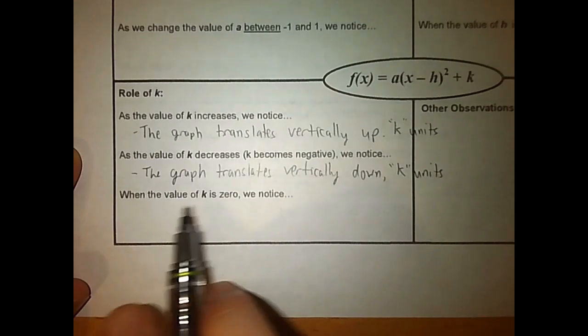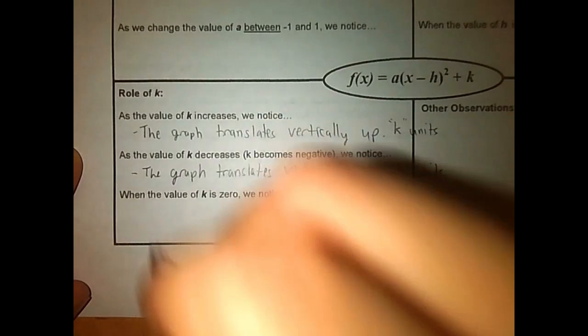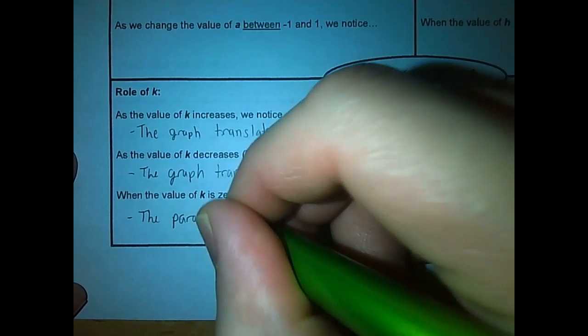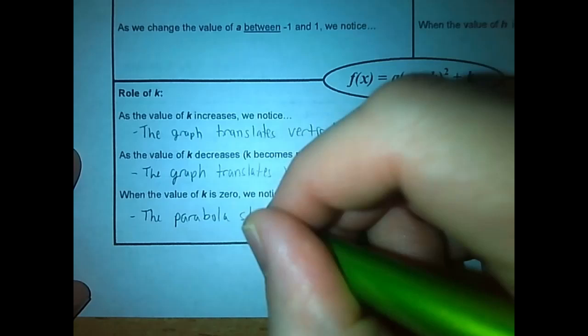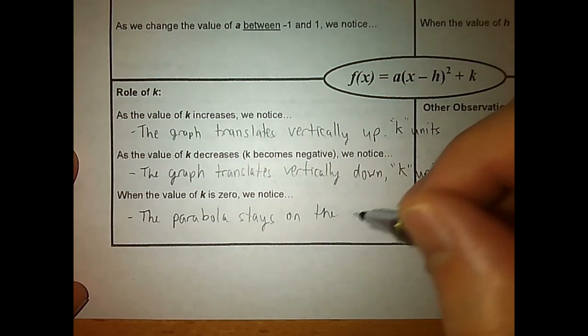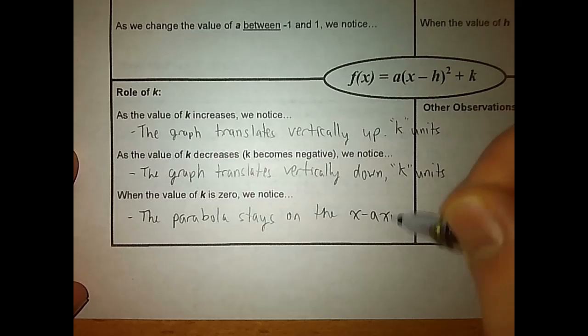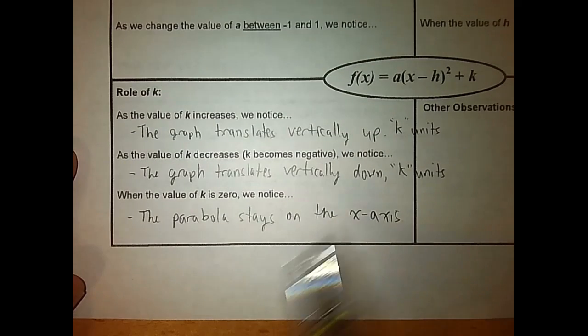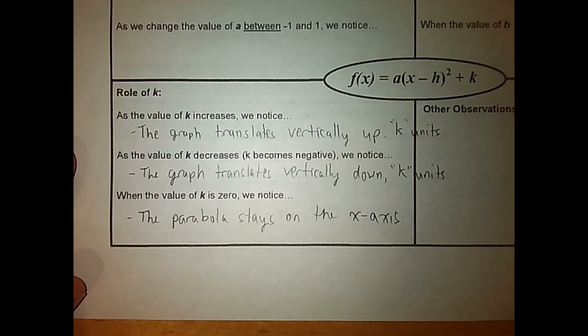When the value of k is 0, we notice the parabola stays on the x-axis. If you need to copy this down, just pause the video, but I'm going to explain what's happening in each of these.